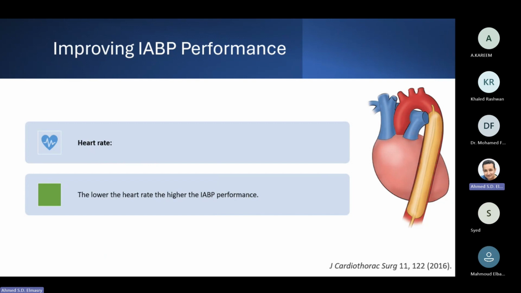So you have to keep your heart rate, if possible, the lowest, between 60 to 80. The pacing target is this, but in the box up to 120 the balloon can work. And with the auto mode, the system of the intra-aortic balloon will detect the proper timing in order to improve the augmentation for the patient, especially in patients with tachycardia, especially with AF.